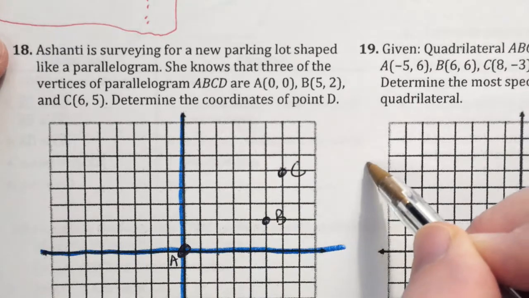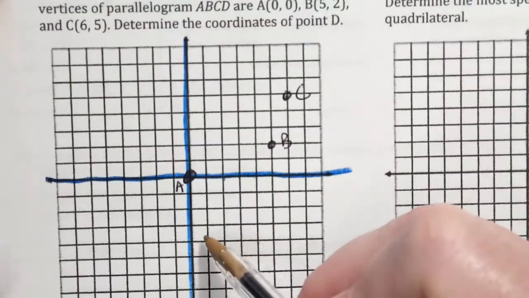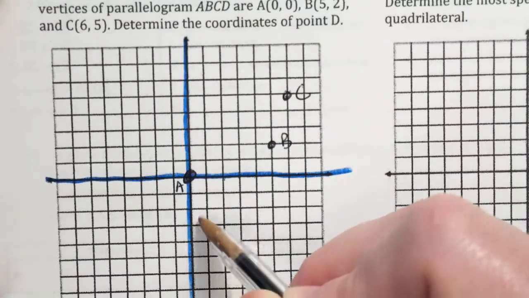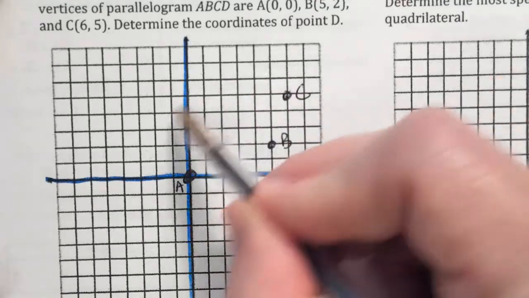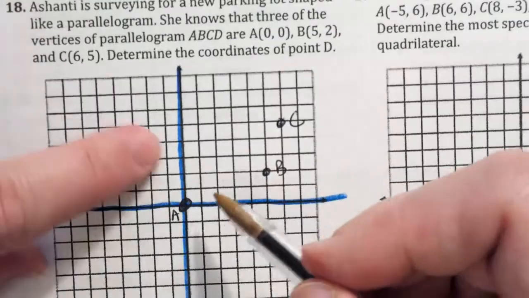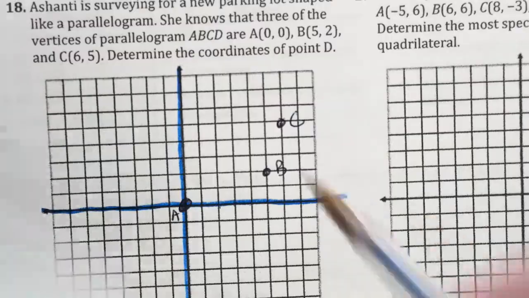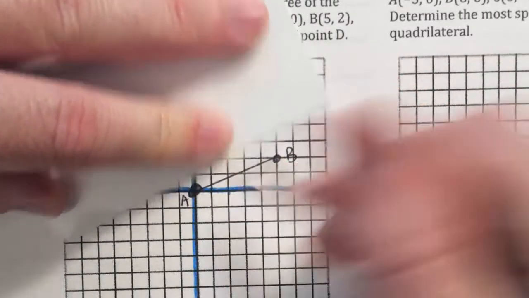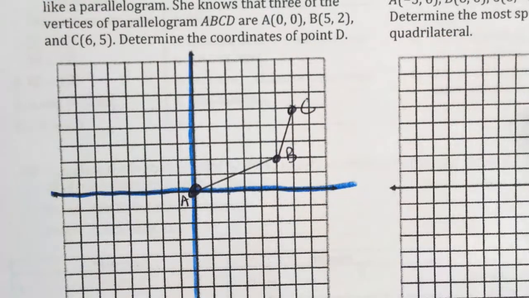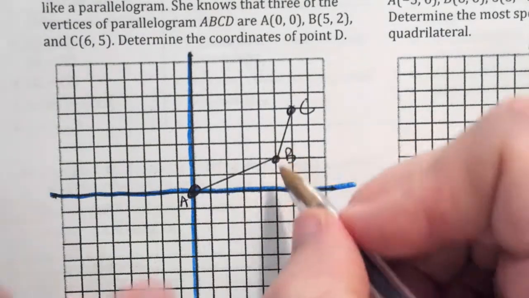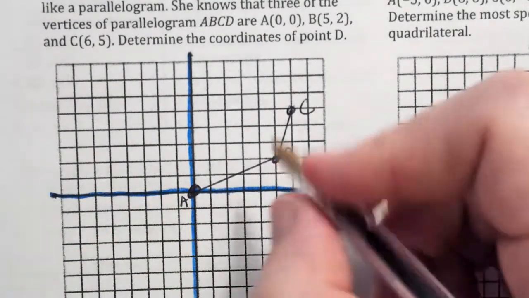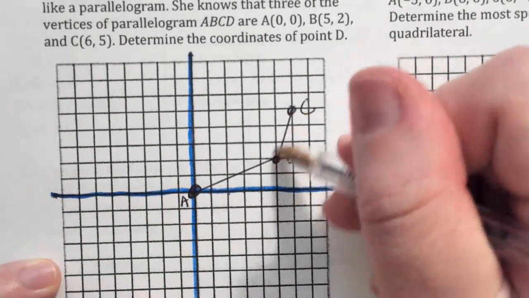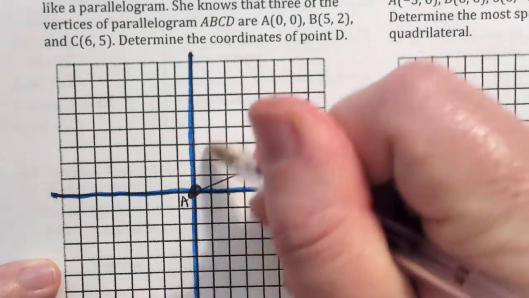So it's not here, it's not down here, because that would still make a parallelogram, right? But I want to go in a circle, so it would have to be somewhere over here. Okay, so we just need to figure out what the pattern is. If I go like this, it would be parallel to that.